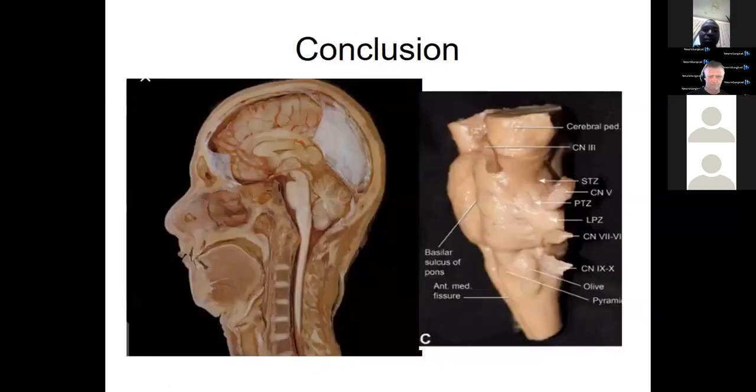So in conclusion, the medulla oblongata is this neural structure that originates from the brain vesicles, precisely the myelencephalon, limited above by the pons and inferiorly by that horizontal line that follows the C1 spinal nerve roots.